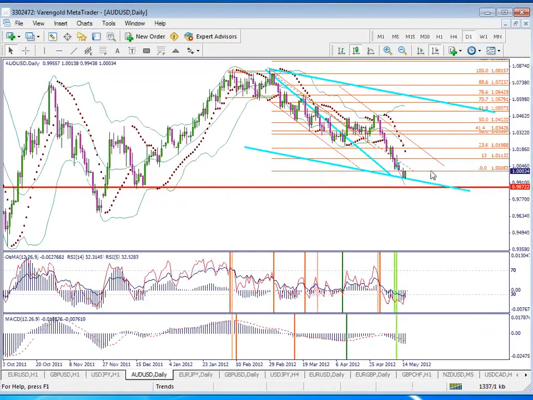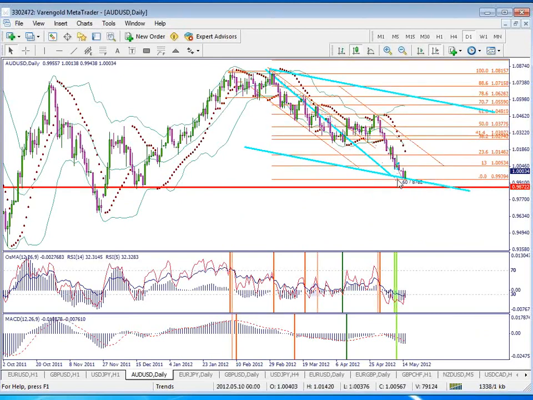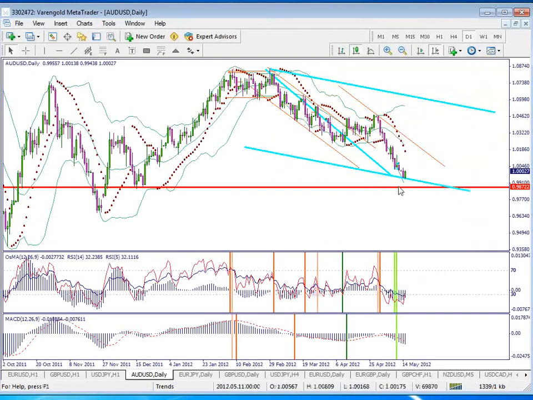For Aussie, we also have to modify that Fibo. It was put too early here.